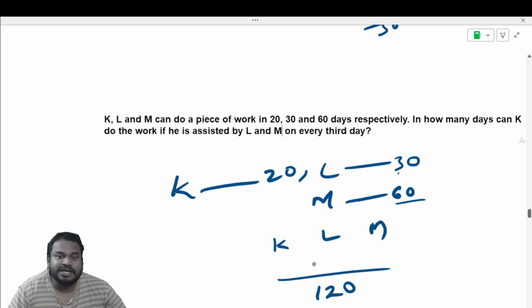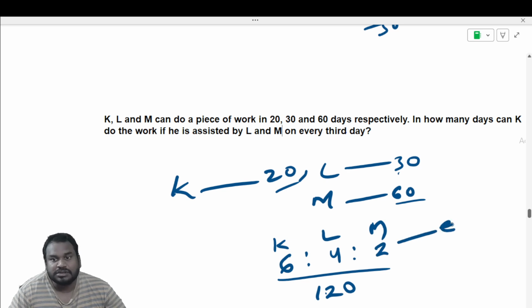For K, 120 divided by 20 is 6, for L 120 by 30 is 4, for M 120 by 60 is 2. So 6, 4, 2. You got the efficiencies.